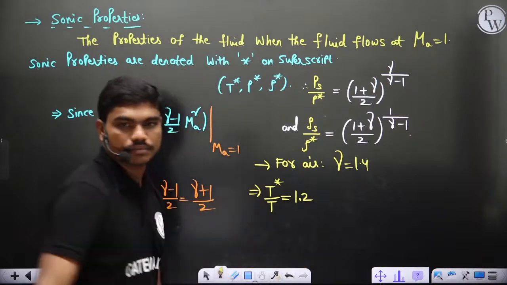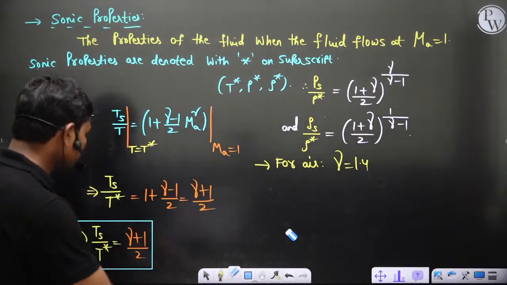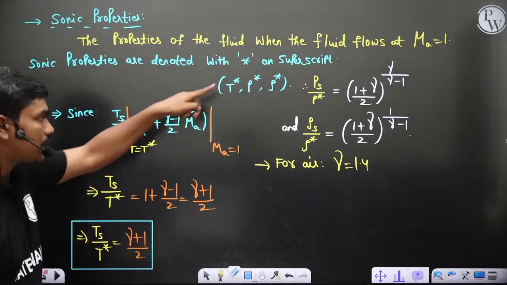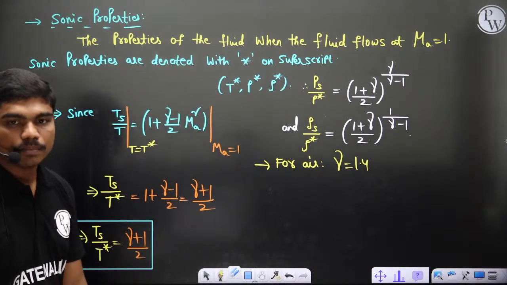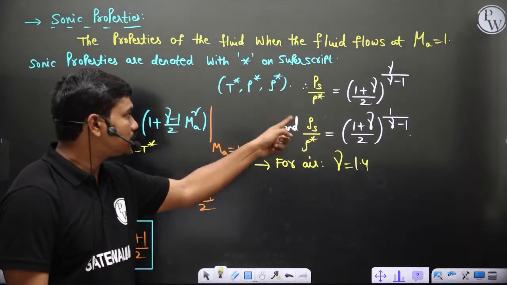Sorry, because the fluid is actually moving now at Mach equal to 1. In shorthand I had written this, but this temperature is equal to T star, because stagnation temperature is always a fixed value at a given temperature.